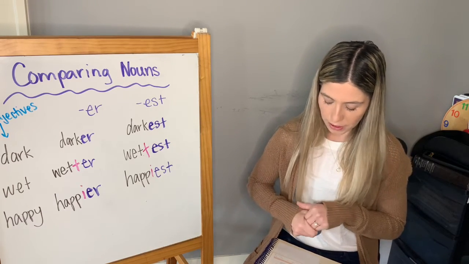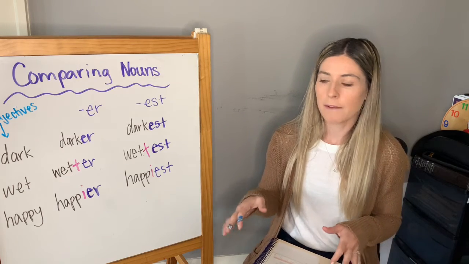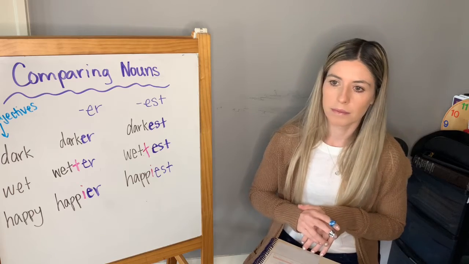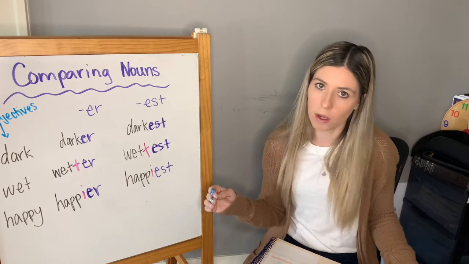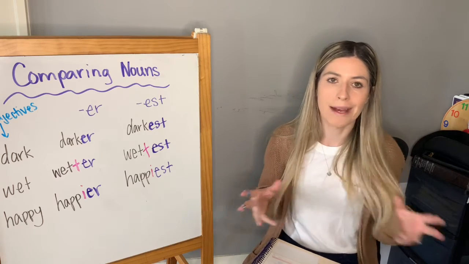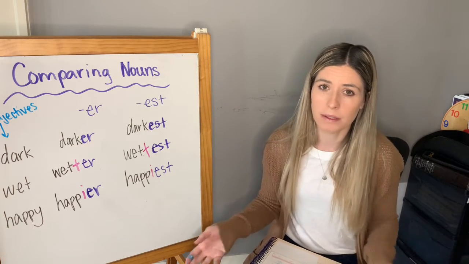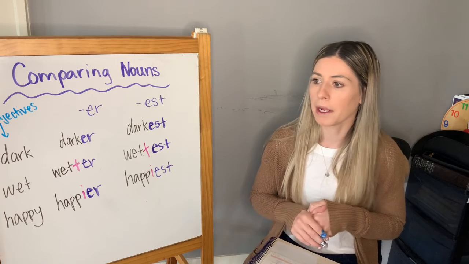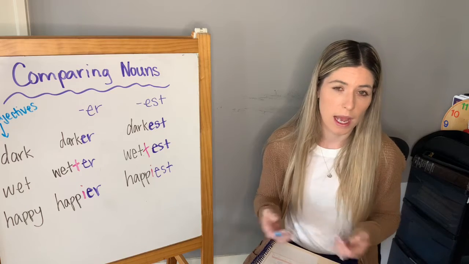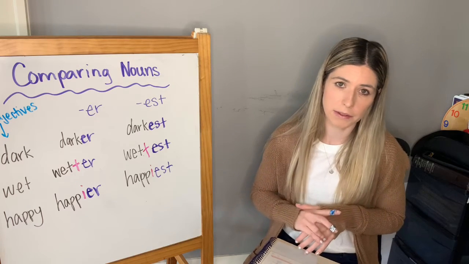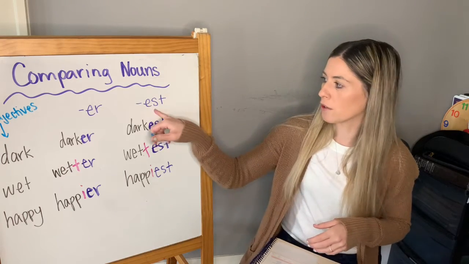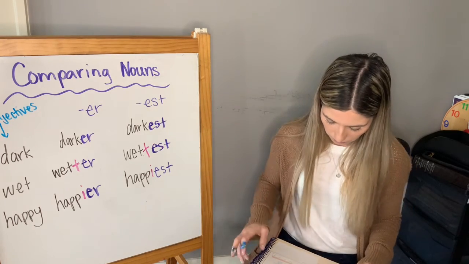When you're comparing things, if you're talking about the most in the world, that would be more than three things. The most clouds in the world, you know there's more than 3 clouds. If you're comparing the most pillows in your house, I'm assuming you have more than 3 pillows in your house. If it's the most, then you're going to use est.